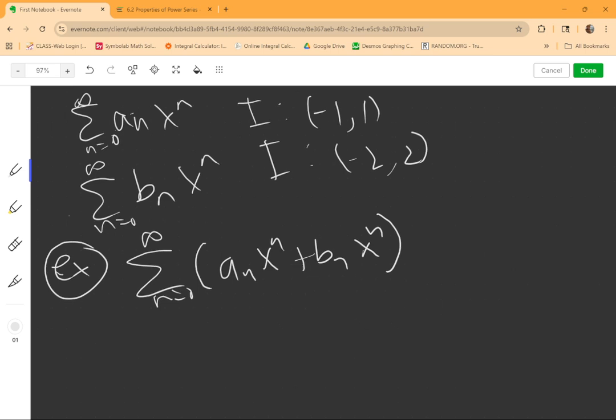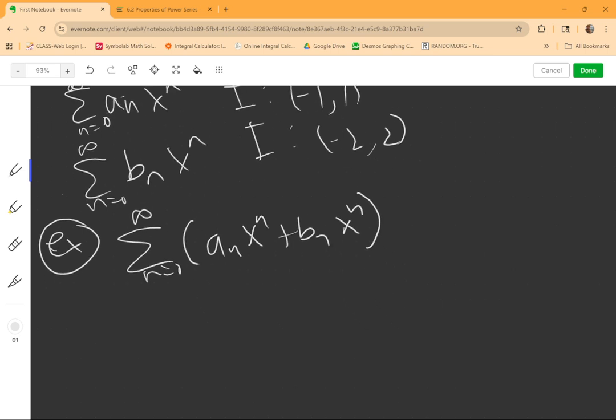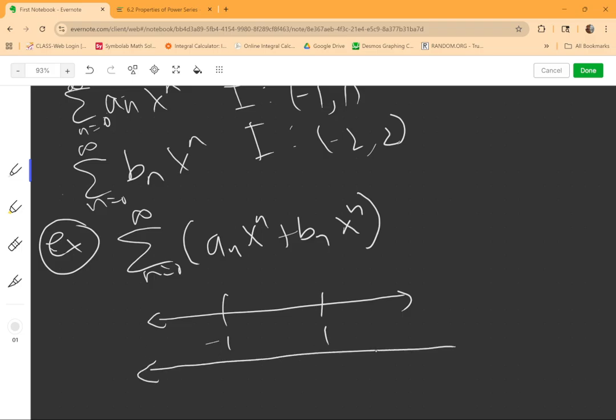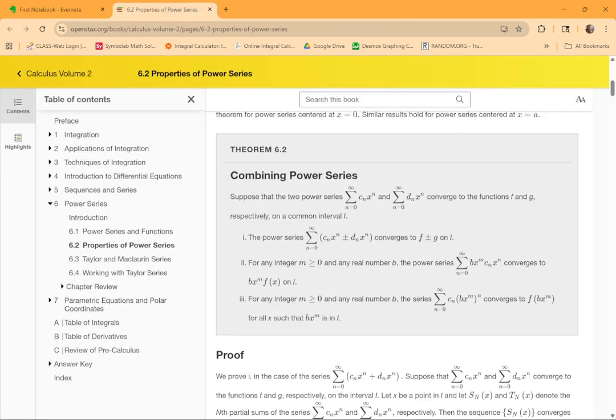So for the new interval of convergence, I know that the first one goes from -1 to 1, and my other one goes from -2 to 2. So here are both intervals of convergence. Now, in order for the new power series that I constructed to converge, it must have what our theorem calls the common interval.